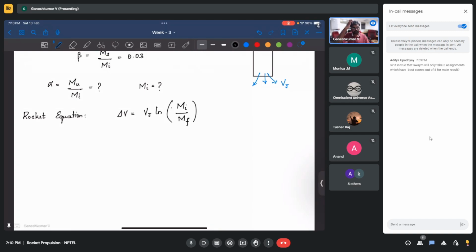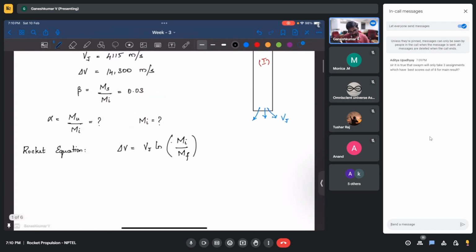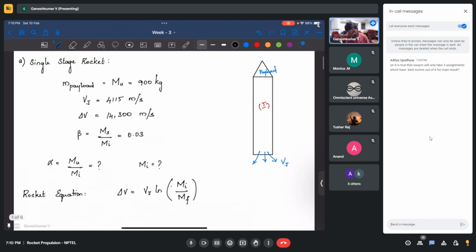This is what we are going to use, and we will change it a little bit. This equation you all know. With this equation, we can find Mi by Mf of the rocket, and after that we may need to find the other things.